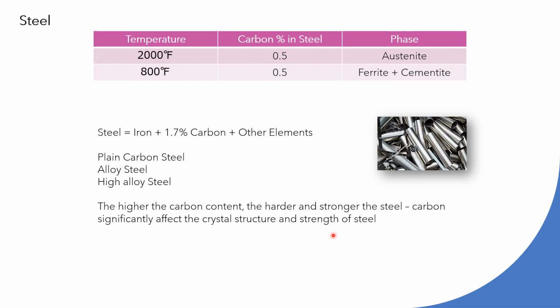Okay, going into steel. For steel, we're going to reduce the carbon. On average, we call it 1%, up to 1.7% carbon, and we're going to put in other alloy elements, and then we have our base iron. There are 3 different types: plain carbon steel, alloy steel, and high alloy steel.